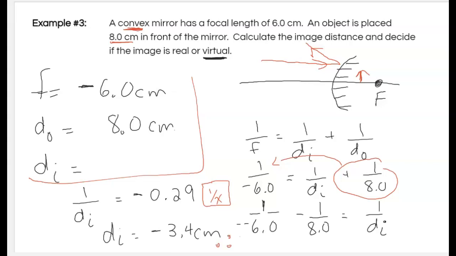Therefore, the virtual image is 3.4 centimeters behind the mirror. So how do I know it's virtual? Well, it's behind the mirror, which makes it virtual and not real, because the light rays forming it come from those dotted extensions behind the mirror, the virtual lines.